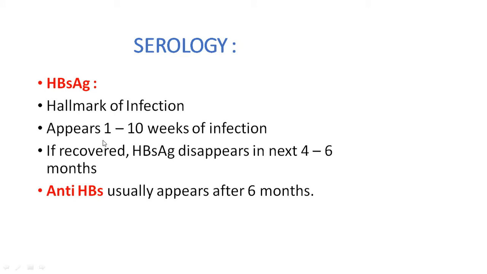If recovered, HBsAg disappears in the next 4 to 6 weeks. When the infection subsides, the HBsAg disappears. And then antibodies develop. They are called anti-HBs antibodies, which occur after 6 months of infection.